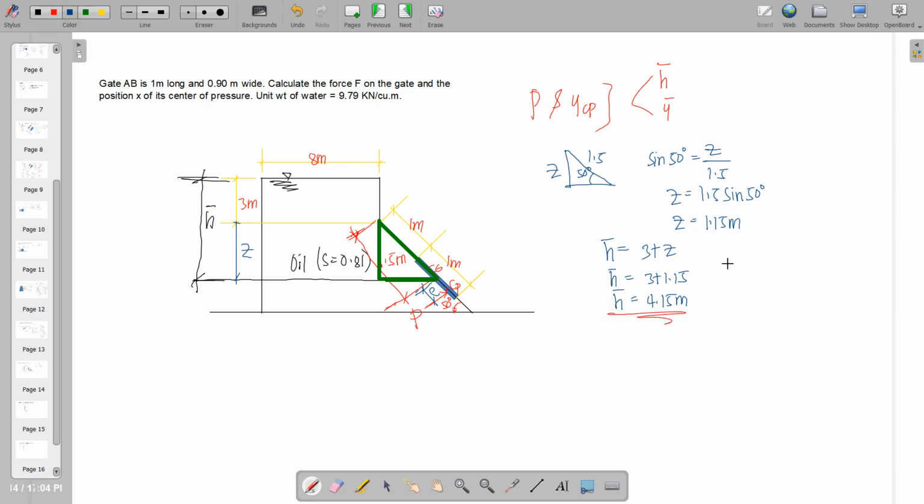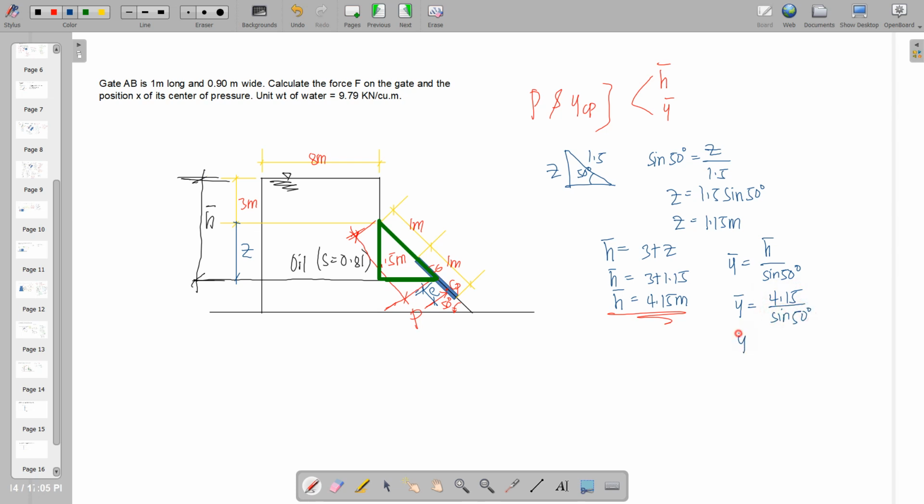So if we know H bar again, we can use the sine function for Y bar. So Y bar is equal to H bar all over sine of 50 degrees. So Y bar is equal to H bar 4.15 all over sine of 50 degrees.